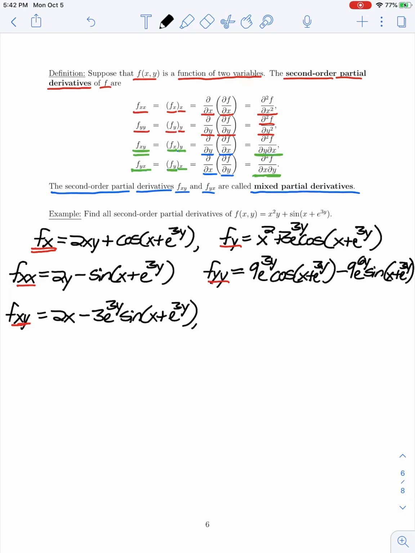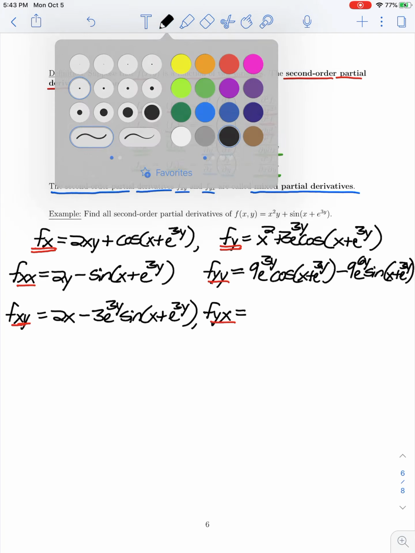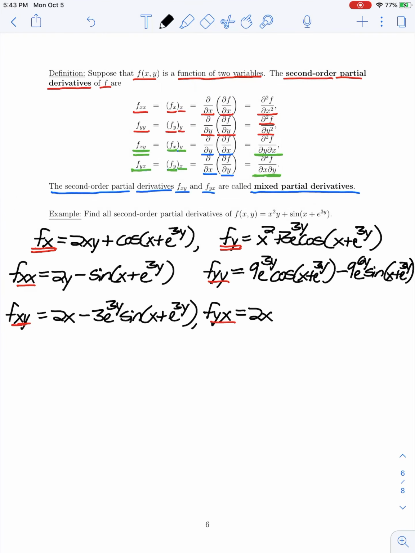And the partial derivative of f sub y, then with respect to x, would give us f sub yx. So again, we start with the first order partial with respect to y, and then differentiate with respect to x, which gives us a 2x minus the 3e to the 3y sine of x plus e to the 3y.